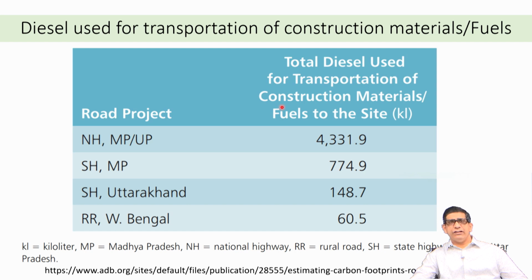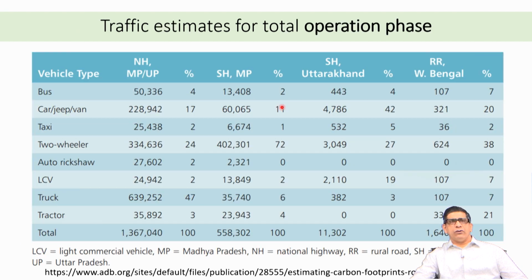Total diesel used for transportation of construction material depends on the transport distance. Traffic estimate for the total operational phase: you look at how many LCV, which is light commercial vehicles, buses, cars, jeeps, taxis, two wheelers, auto rickshaws, trucks, tractors, and all those, the total vehicle movement that you see over there.